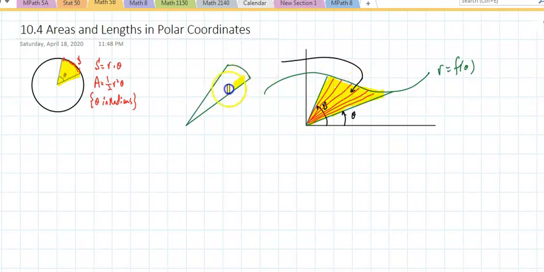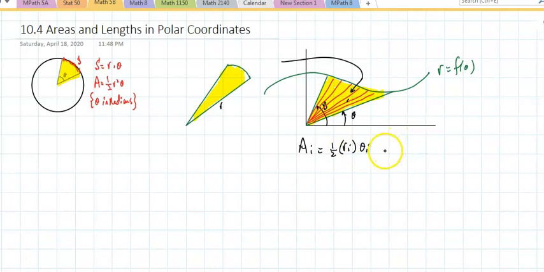And now if I take this slice and I find its area, well, that is R right there. And I would say the area for that, so the area sub I is going to equal 1/2 R sub I squared times theta sub I.